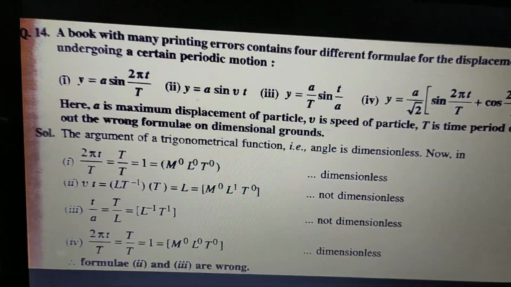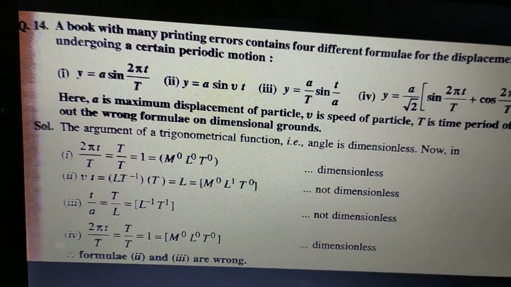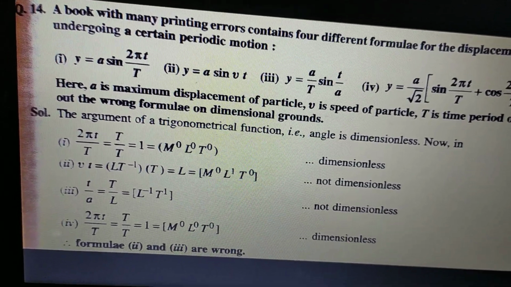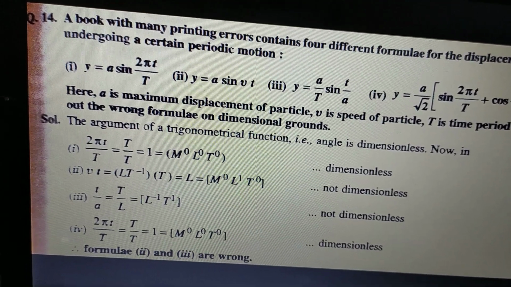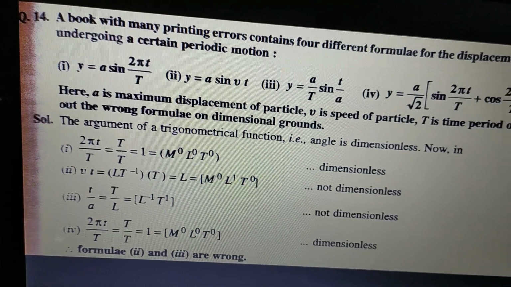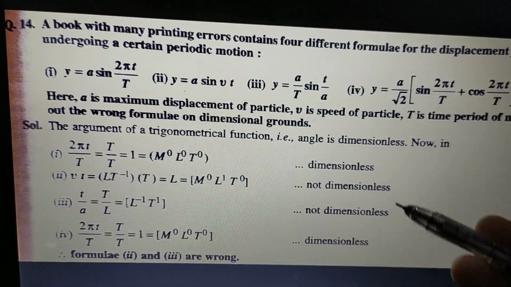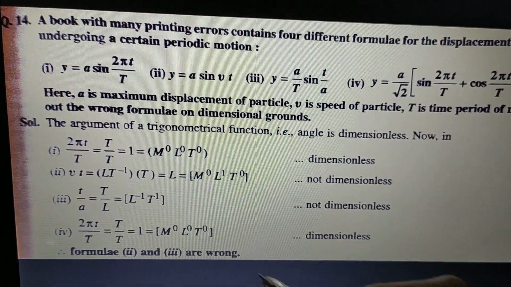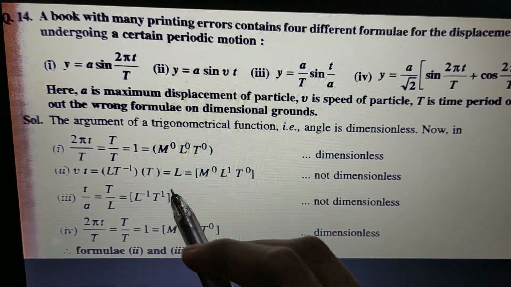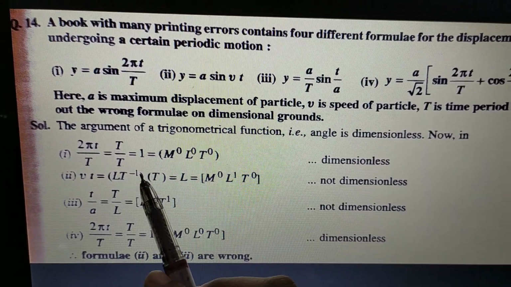Okay, now let us discuss the second equation, which is y equals a sine vt. Now vt should be dimensionless, so let us check the dimensions of vt. As we already know, v is the speed of the particle, so it will have dimensions LT minus 1, and time is represented as T. So T and T both get cancelled.